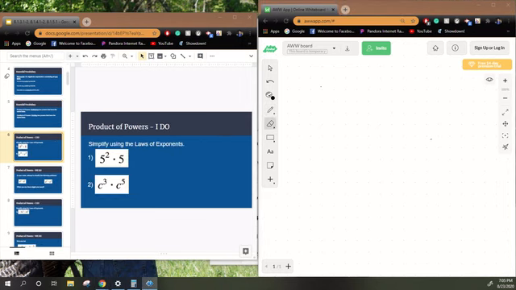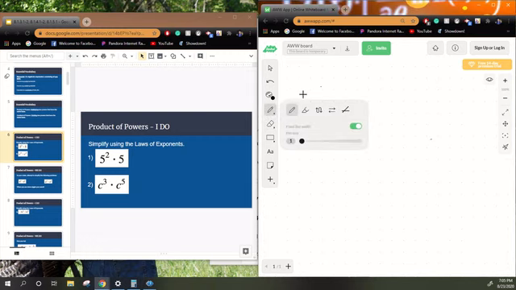So we see our first two examples with product of powers. The directions on these will be simplify using our laws of exponents. One of our laws of exponents is when we're multiplying two things of the same base. If I have 5 squared times 5, what am I really saying? I'm saying 5 times 5, that comes from that 5 squared, and then we still have that times 5.